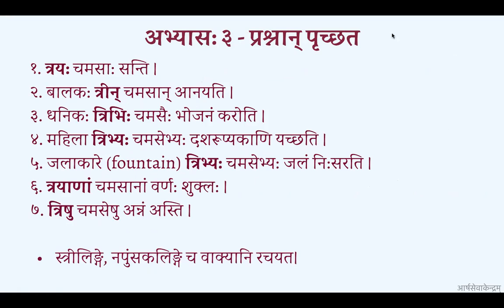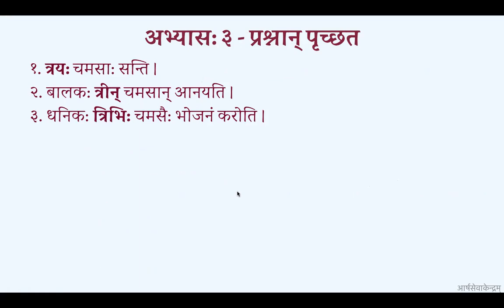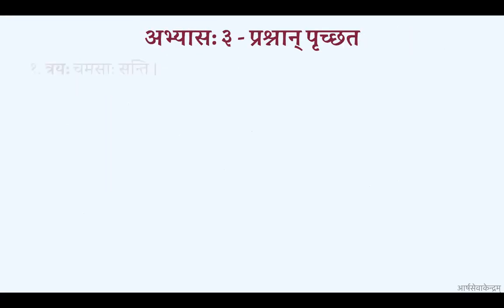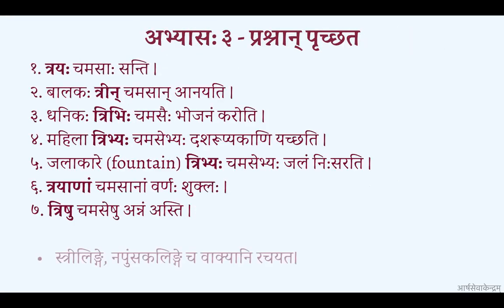So it will be Katishu Chamaseshu Annam Santi. Asti only. Dhanyavad. Katishu Chamaseshu cannot be karta, so Asti is okay. It is with respect to Annam only. We are talking about Annam Asti.